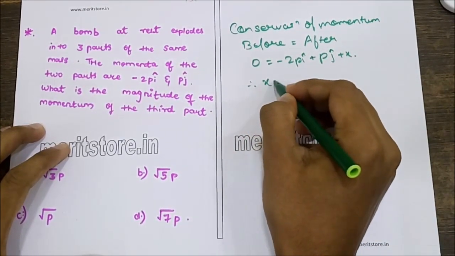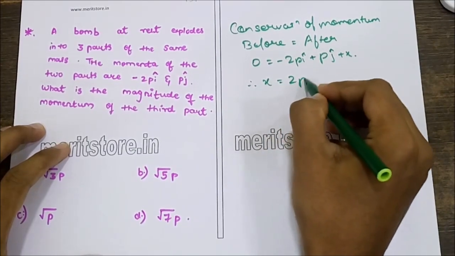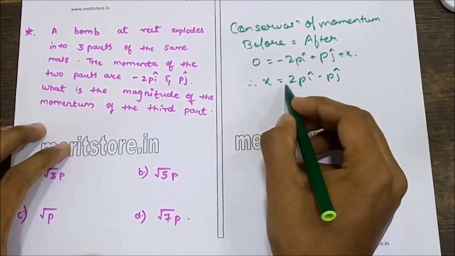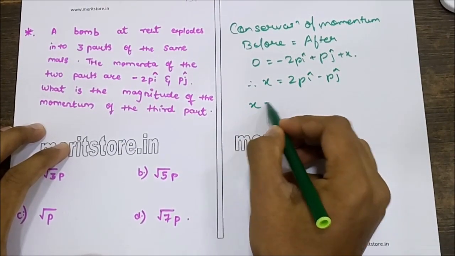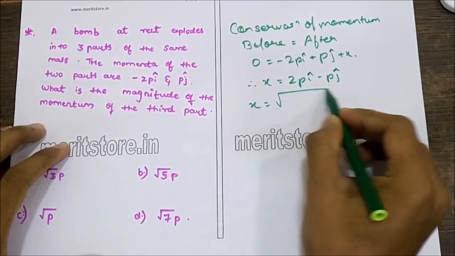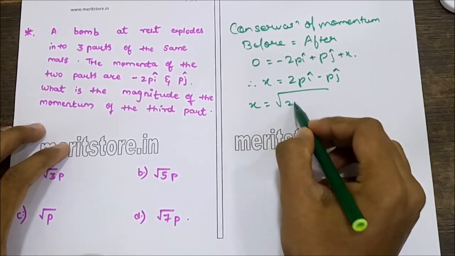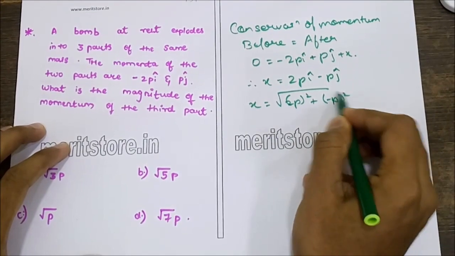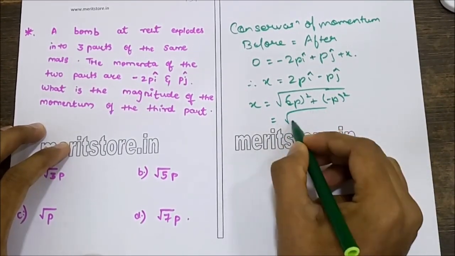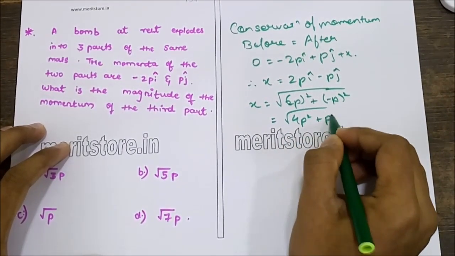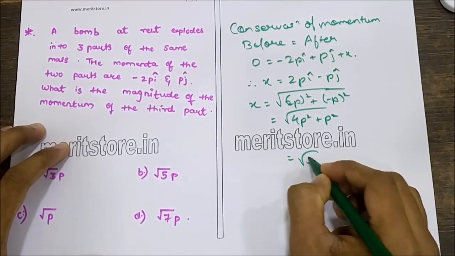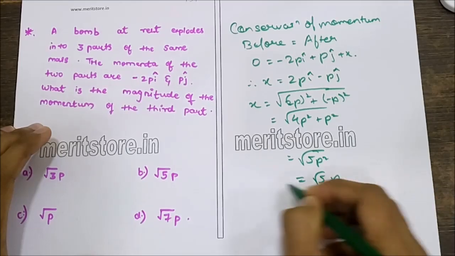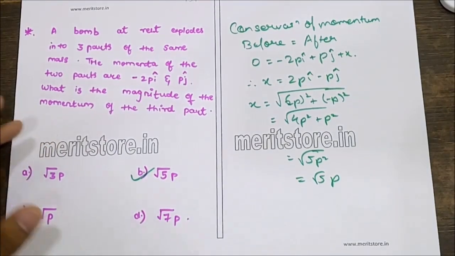Therefore, x is equal to 2p i cap minus p j cap. So the magnitude of x is given by root of 2p square plus minus p square, that is nothing but 4p square plus p square. So root of 5p square, that is root 5 into p. Hence option B is the correct answer.